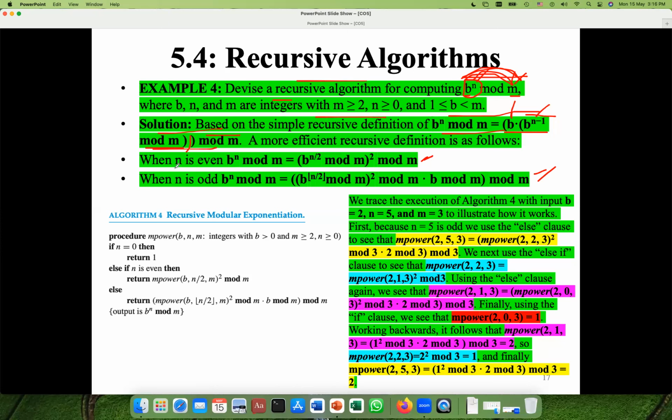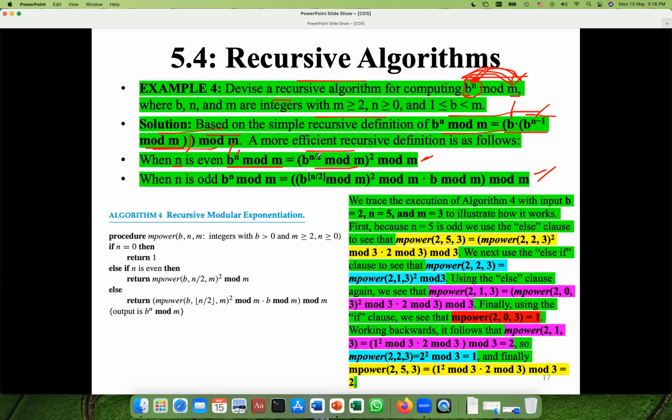And if your divisor is even, then you will have remainder 0. So now, if n is even, if this power is even, then for b raised power n mod m we can write it as b raised power n by 2, making n half, mod m, and then squaring it.